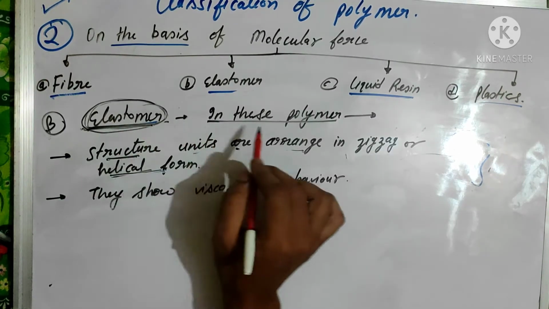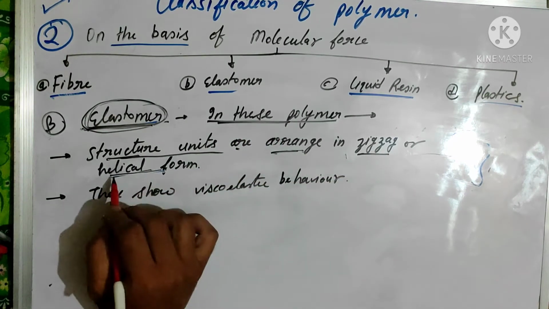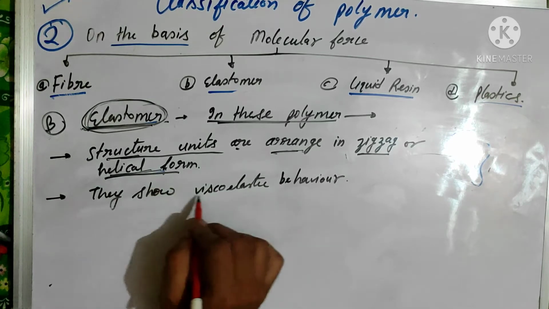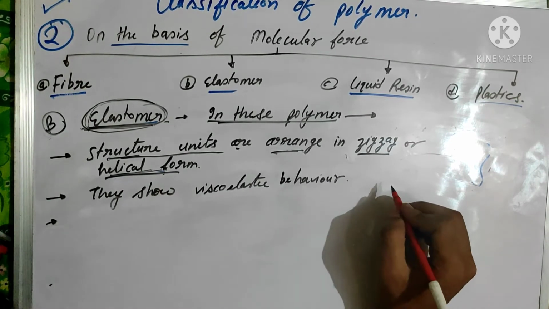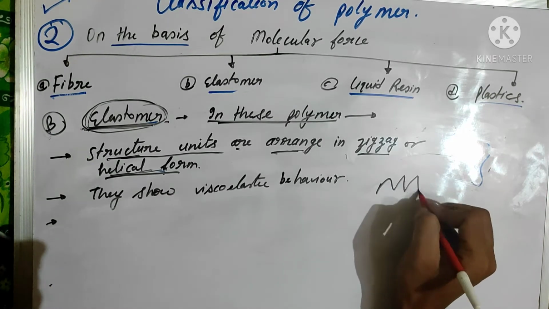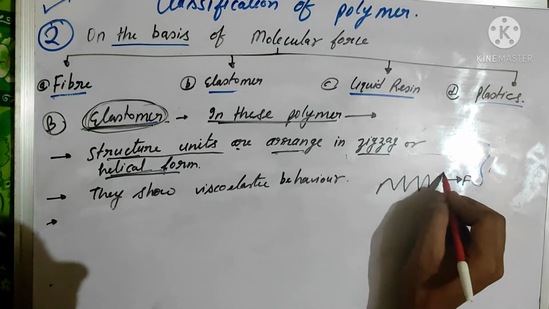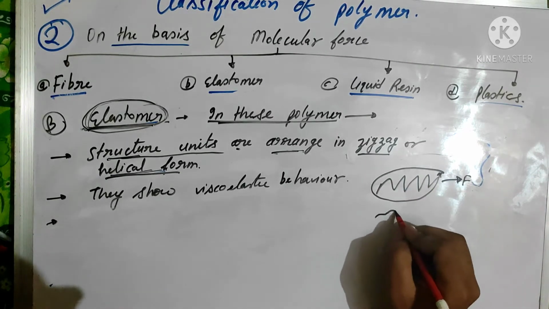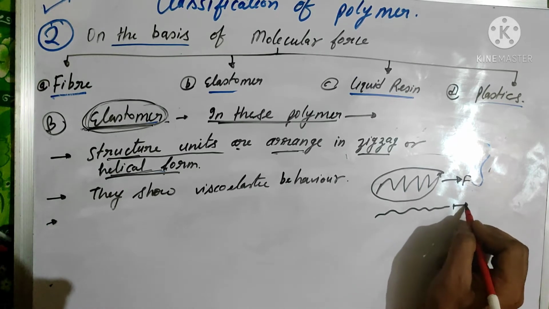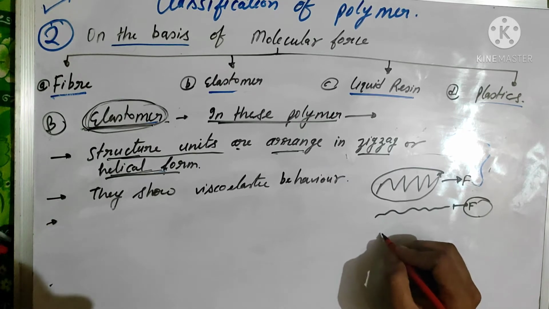Elastomer. In this polymer, structural units are arranged in a zigzag or helical form. They show viscoelastic behavior. Viscoelastic behavior means that when the polymer is in zigzag form and force is applied, this zigzag form tends to become straight, and after removal of the force it regains its original shape.